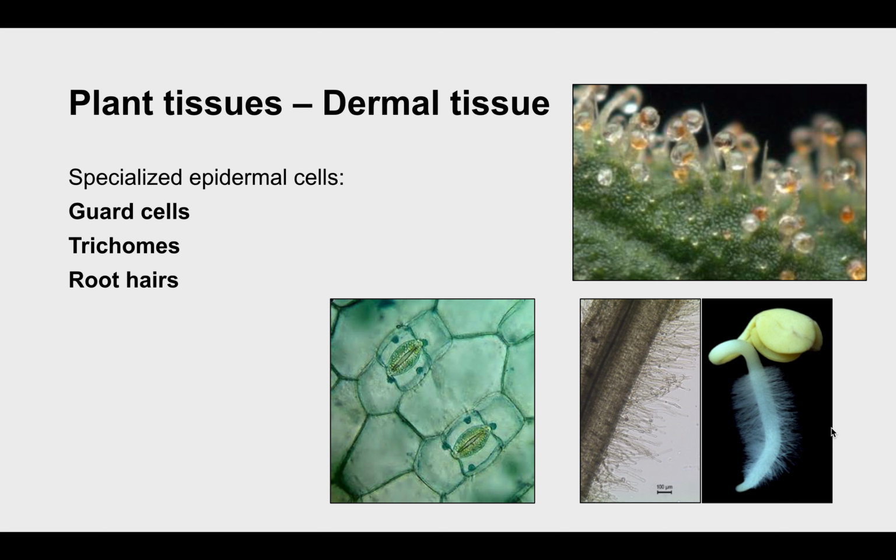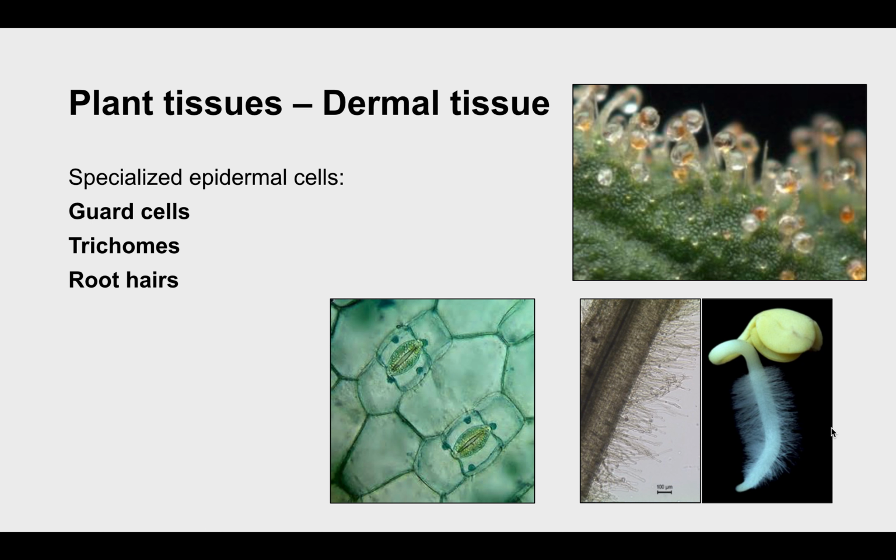In this image here, we actually have trichomes that have a sticky substance to them. If you think back to those carnivorous plants that I had mentioned in the previous lecture, how they can have these sticky hairs that'll trap insects. Right? Those are trichomes. Those are specialized epidermal cells and part of the dermal tissue.